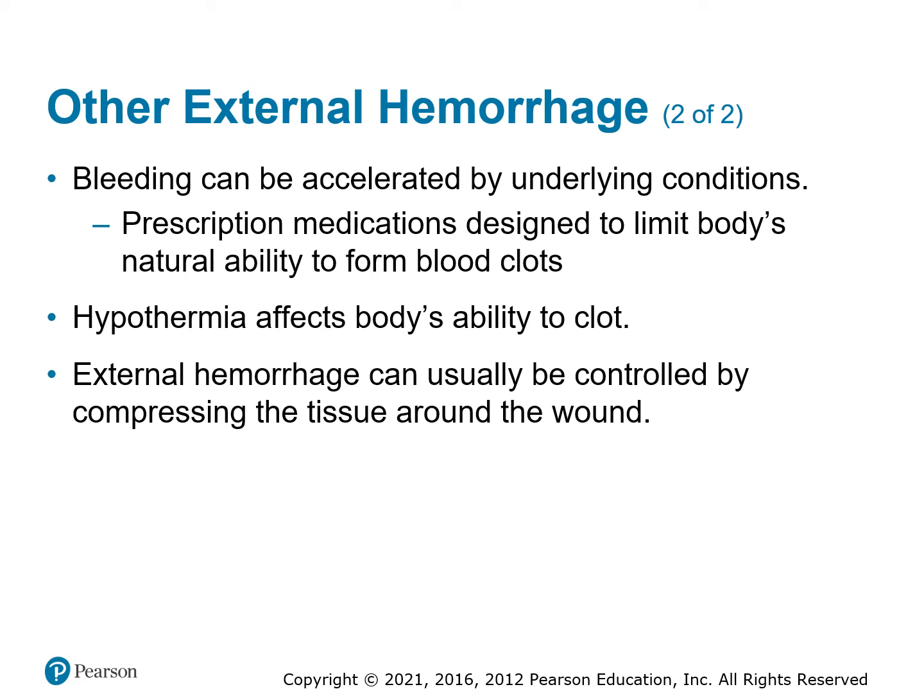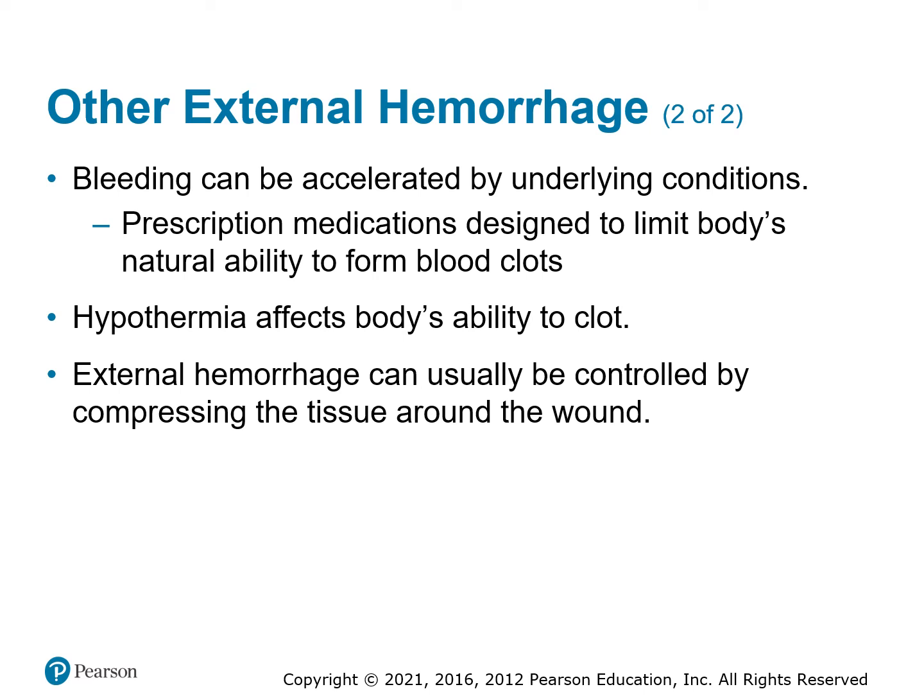Another thing to consider is that hypothermia affects the body's ability to clot. So if the patient is hypothermic, basically it becomes more challenging for them to clot off the blood, and they lose that ability to clot.